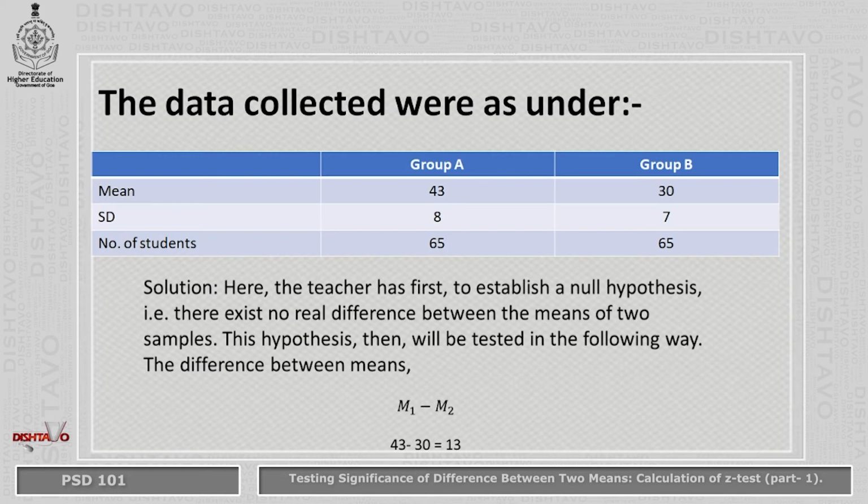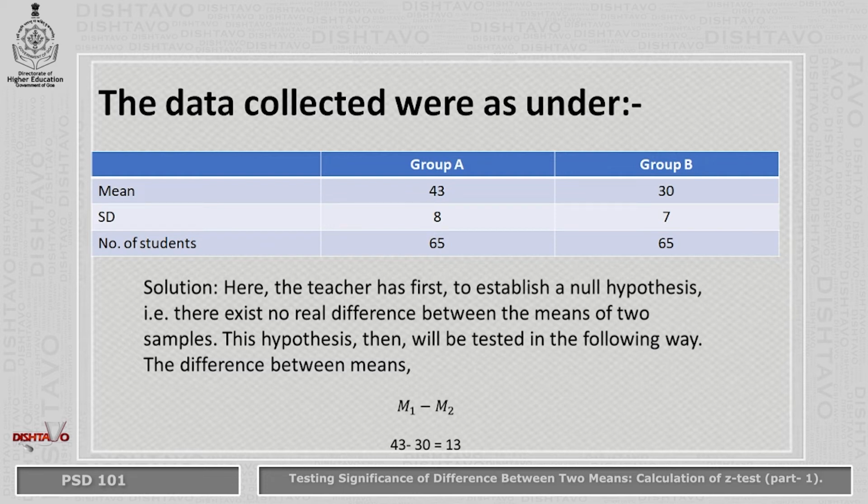So, the data collected is put in a tabular form. Mean of the first group is 43, mean of group B is 30, standard deviation is 8 for group A, 7 for group B, number of students for group A is 65 and for group B is 65. So, here sample size is the same.